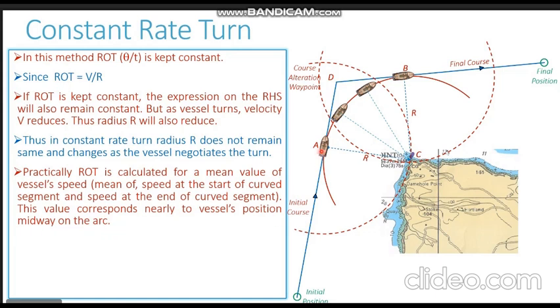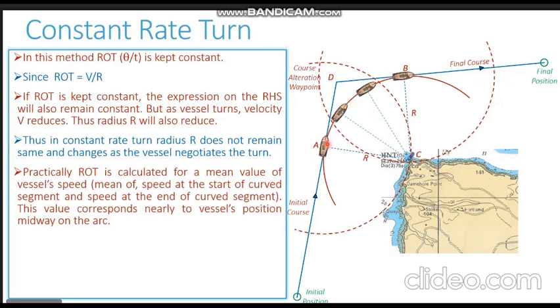So you will see for some part of the arc, the speed will be more than 11.5, and for some part of the arc, the speed will be less than 11.5, and the vessel will be moving very close to the planned turn. For the initial 50% of the turn, the radius may be slightly more than the planned radius, and for the last 50% of the turn, the actual radius may be slightly less than the planned radius.